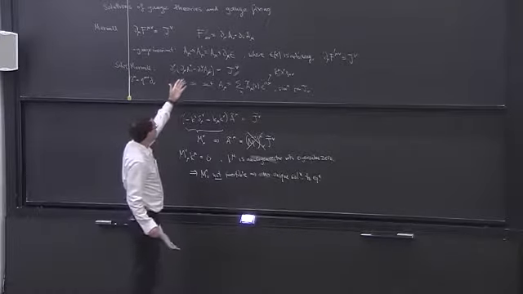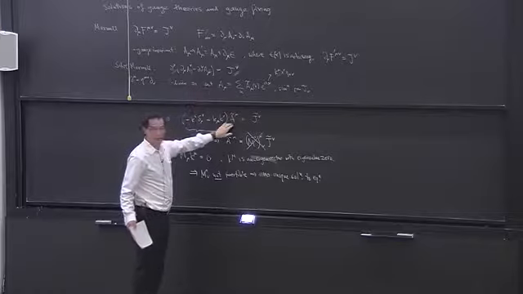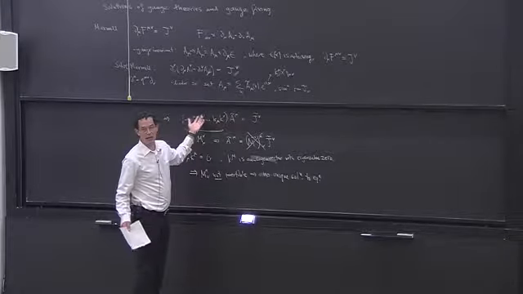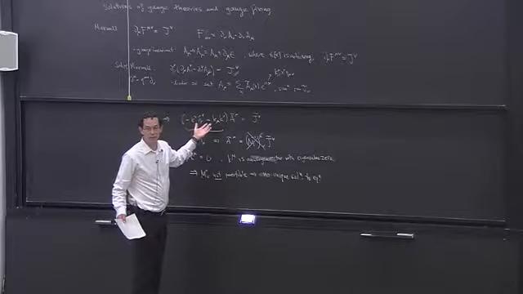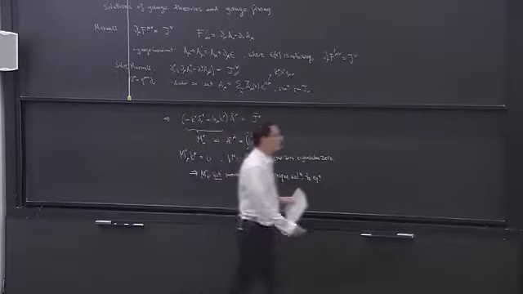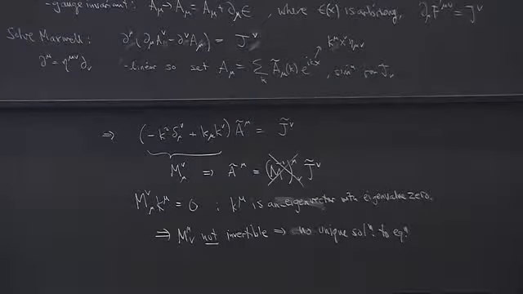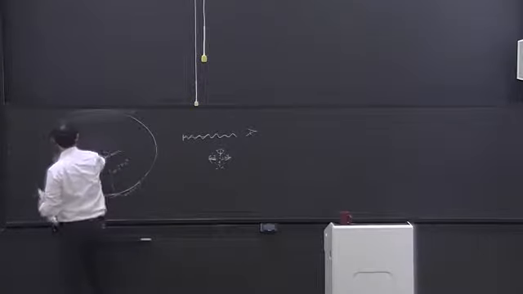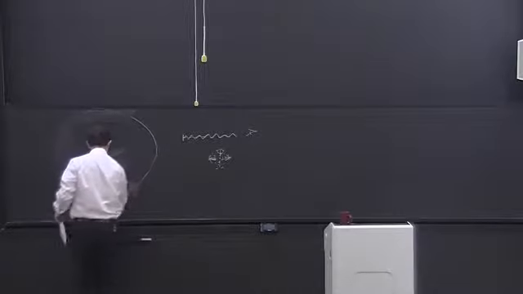And so I'm going to be shifting A by k. And if I shift A by k, it's still a solution of this equation. So this is a general problem with gauge theories, that their equations of motion do not have unique solutions.